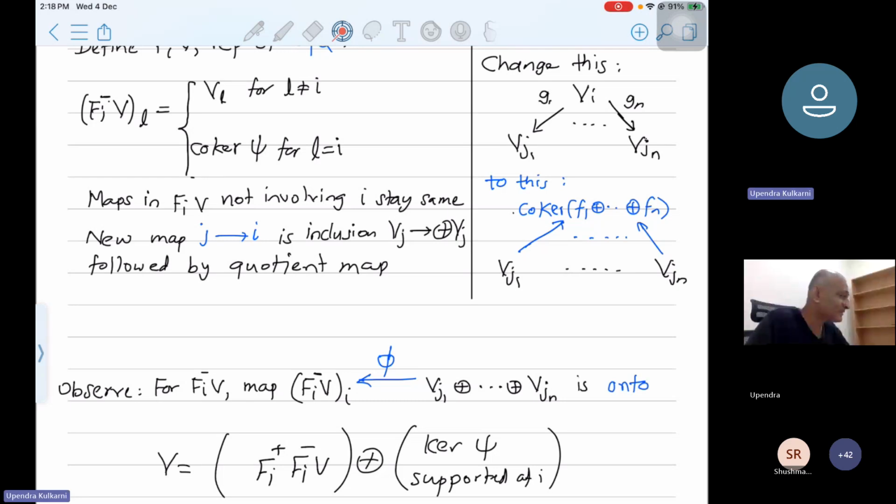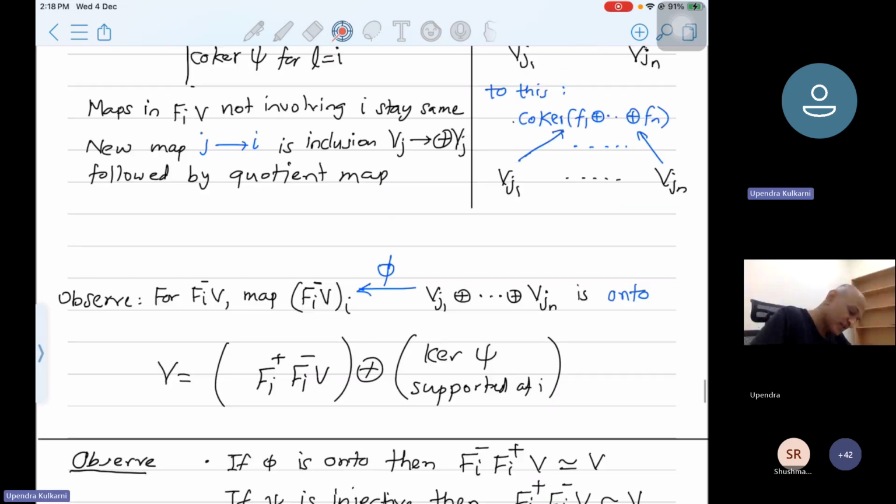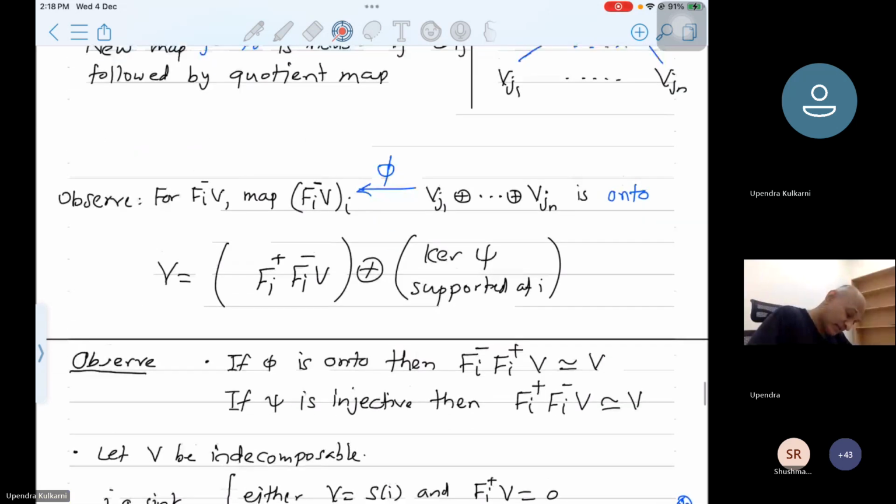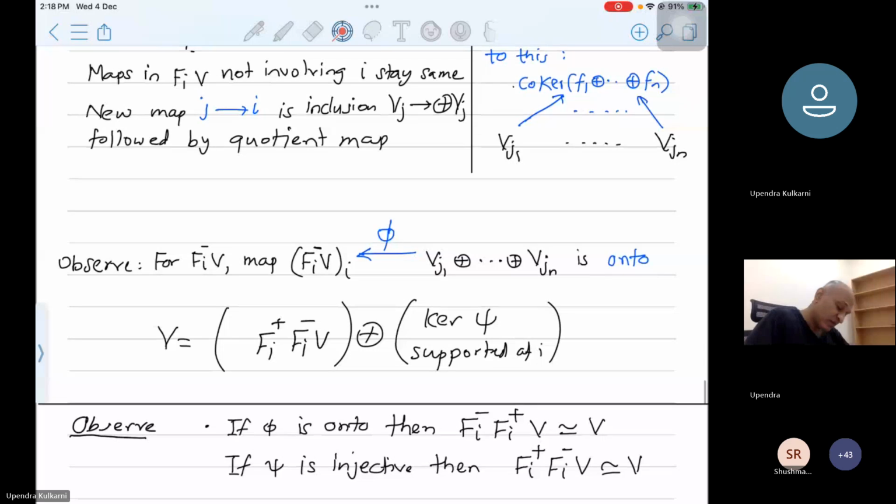Sorry, let me just gather my thoughts for a moment. Yeah, so let's go on. So the upshot is the following. Until now, there is absolutely no restriction on the quiver or on the representation, nothing, except the fact that I has to be a source or a sink. Now let's see the following.